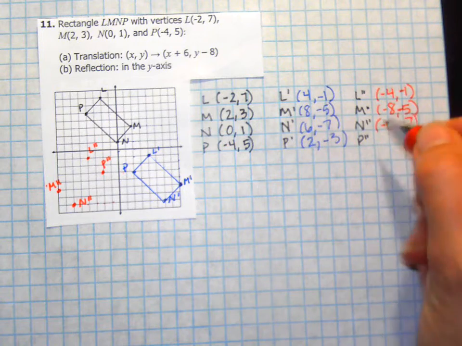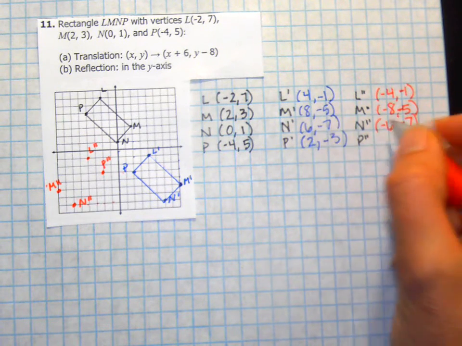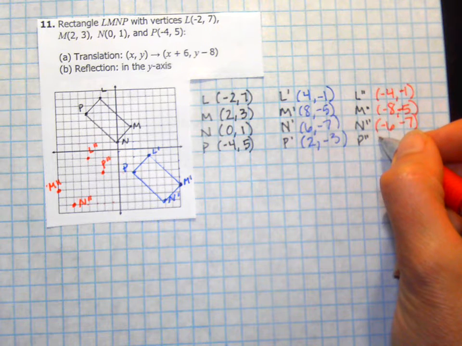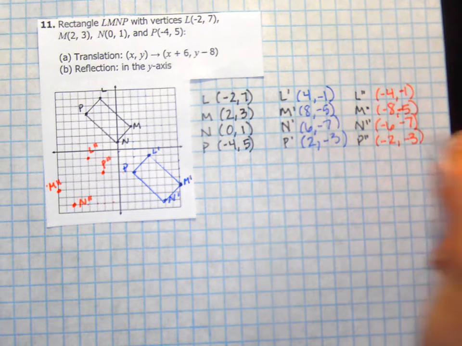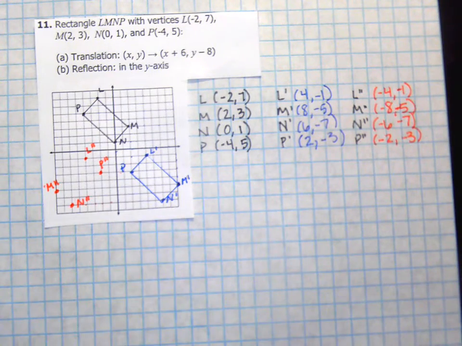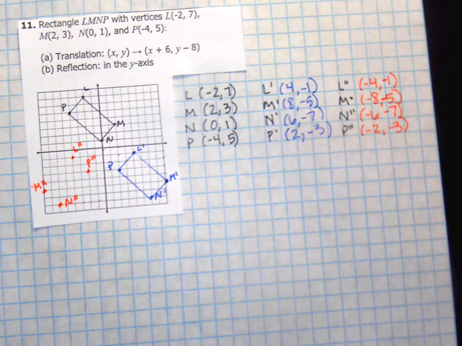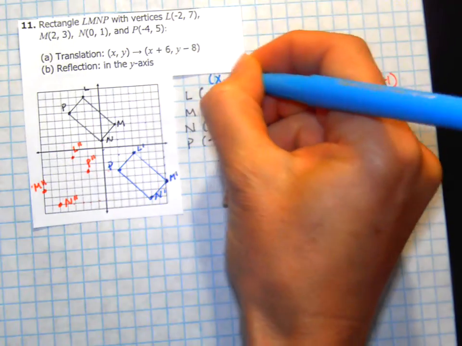If you noticed that the x values become the opposite and the y values stay the same, you're absolutely correct. So negative 2, negative 3. So we did 2 transformations. Here's my pre-image. This one here is just my original points, x, y.